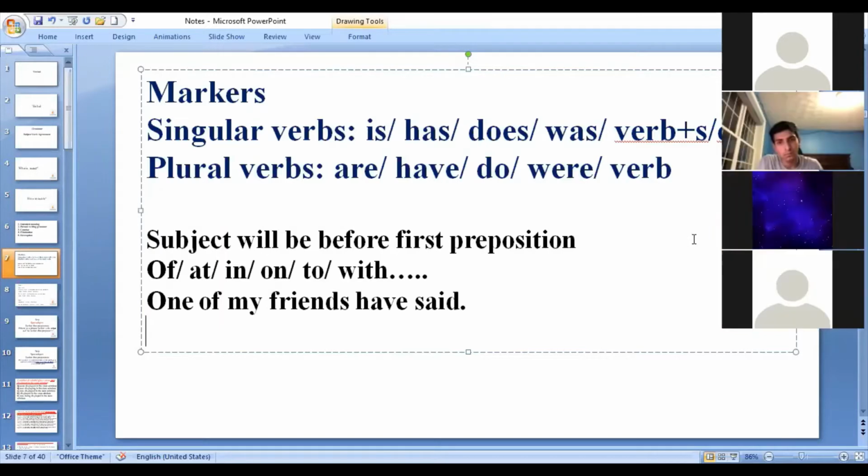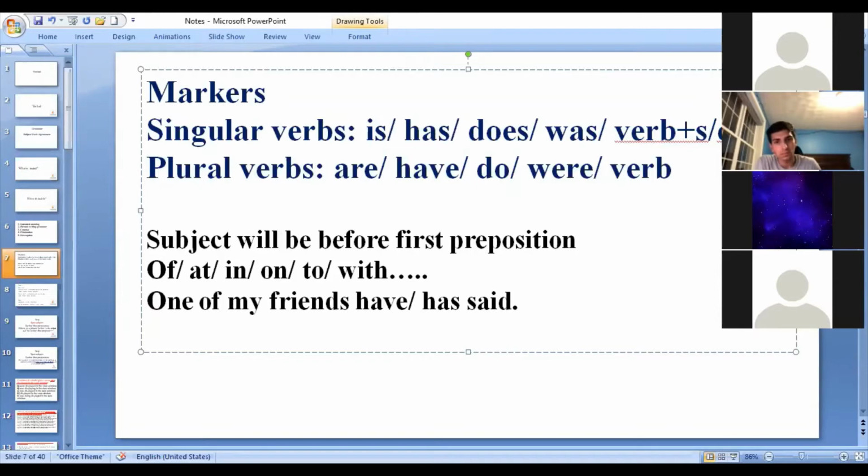Correct. Because one is your subject. You are talking about one friend. One of my friends means one friend. And the same rule that we have discussed applies: when you find a lot of words before the verb, just go back to the first preposition. Whatever comes before the first preposition becomes the subject. So here, this is your shortcut. It should be has: one of my friends has said.